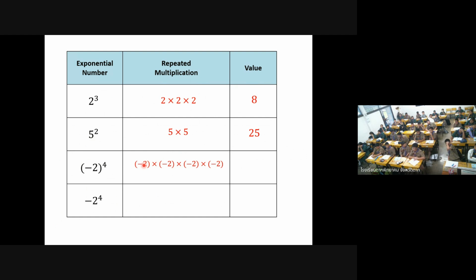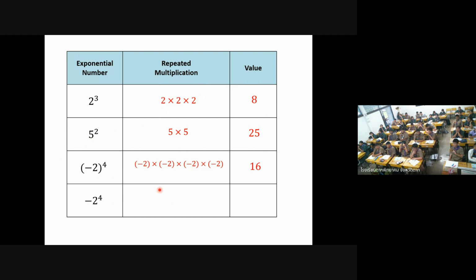Again, negative 2 times negative 2. Negative times negative is positive. Negative 2 times negative 2 is 4. 4 times negative 2, negative 8. Negative 8 times negative 2, 16.